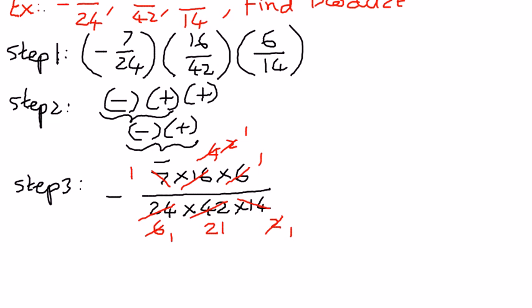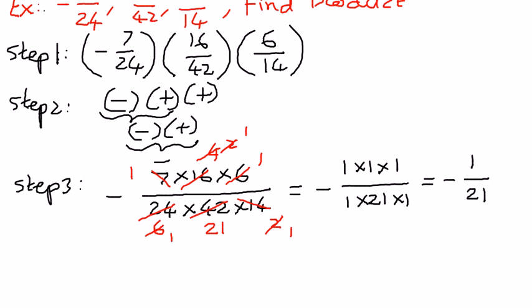So when we write all of these together, we put the negative sign first. We came up with 1 times 1 times 1 in the numerator divided by 1 times 21 times 1. So 1 times 1 times 1 in the numerator will result in 1, divided by 1 times 21 is 21, 21 times 1 is 21.